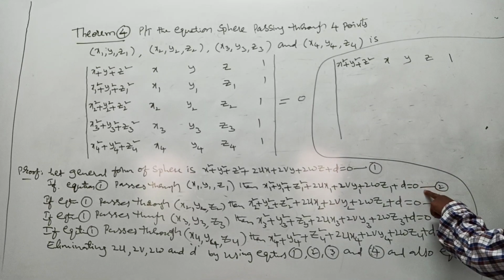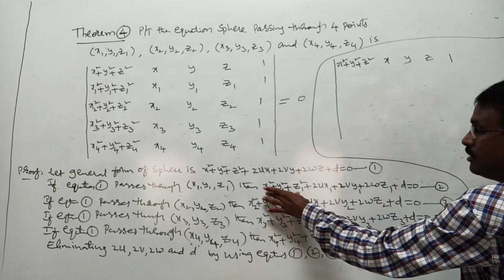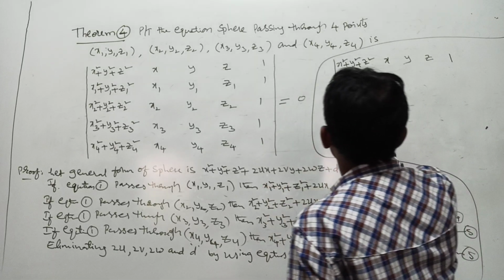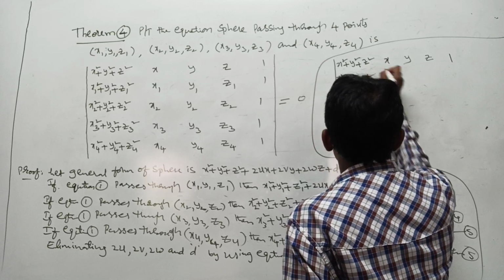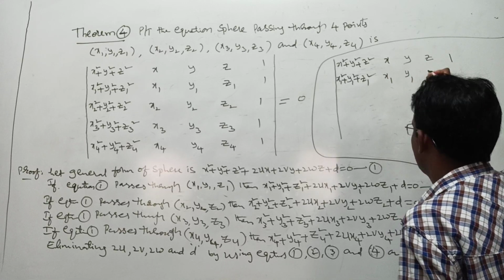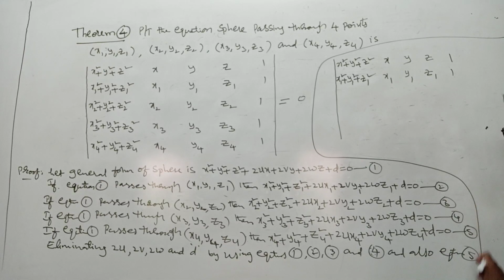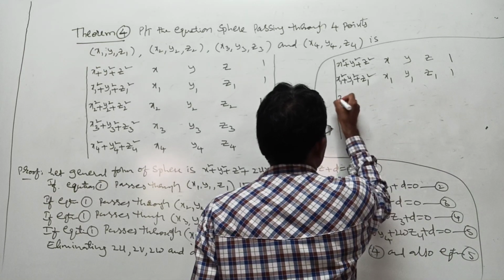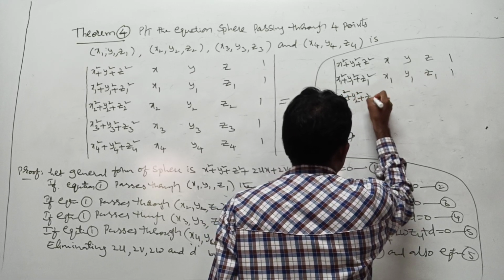Like that, go for the second equation. Here 2u, 2v, 2w and d. The free term is what? x1 square plus y1 square plus z1 square. And the 2u coefficient is x1, 2v coefficient y1, 2w coefficient z1 and d coefficient 1. Like that, go for the remaining expressions 3, 4 and 5. You get x2 square plus y2 square plus z2 square.